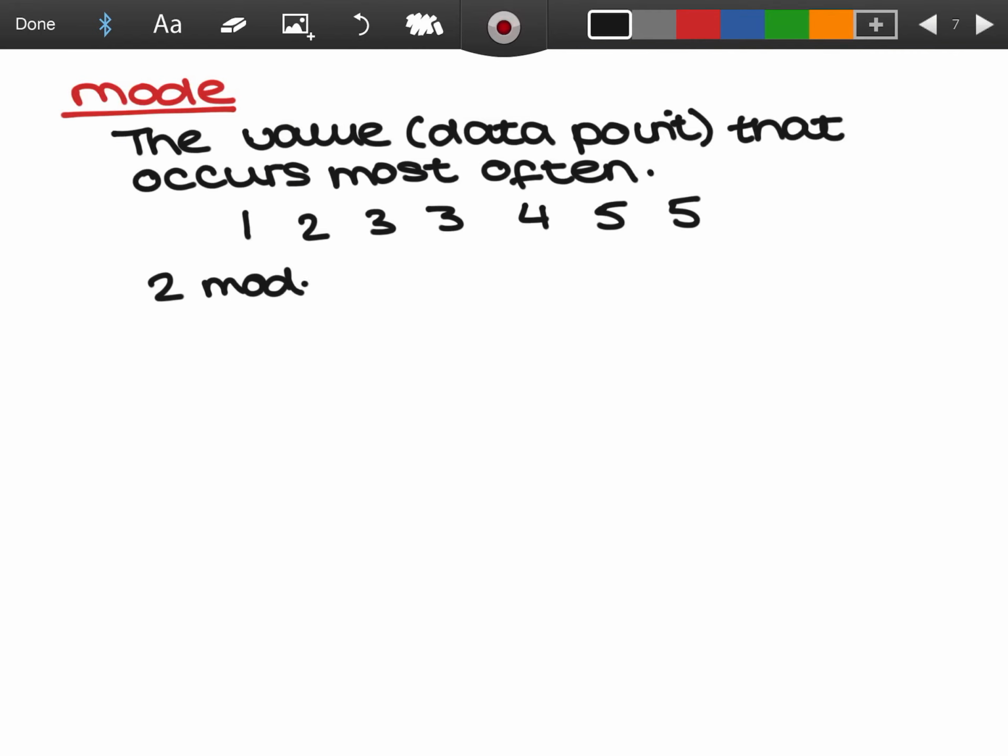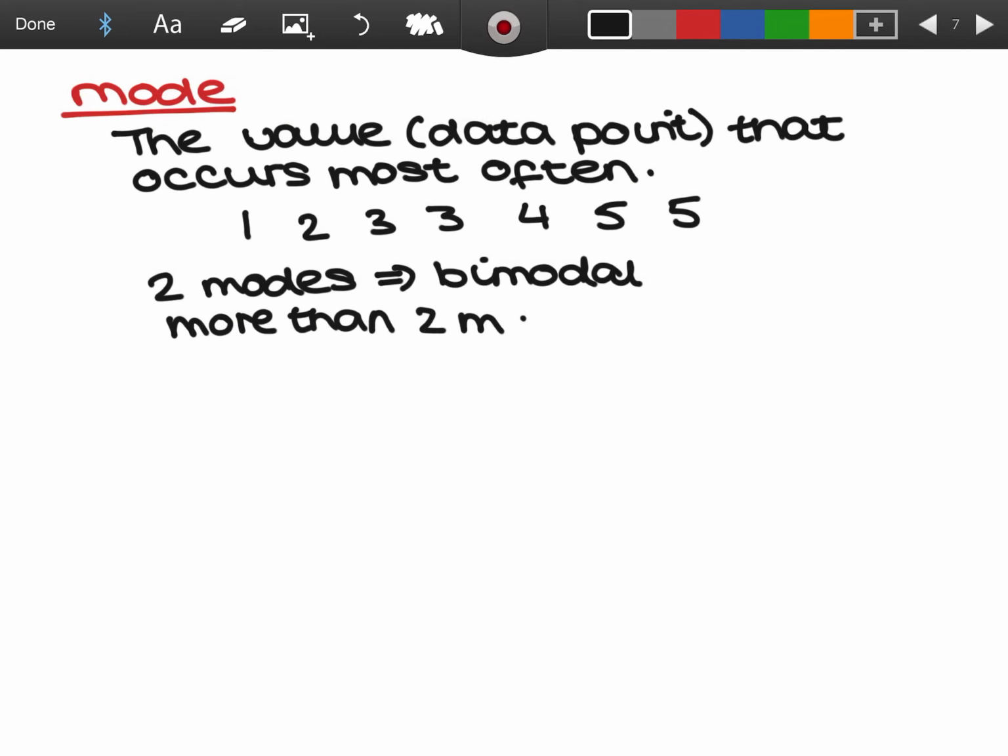If you have 2 modes, then your data is actually known as bimodal, because you have 2 modes. Also, if you have more than 2 modes, your data is actually called multimodal.